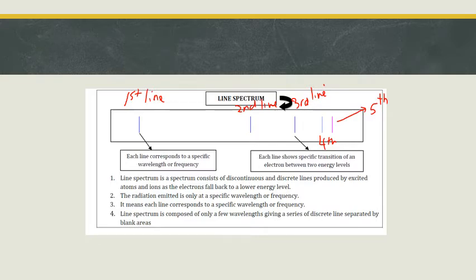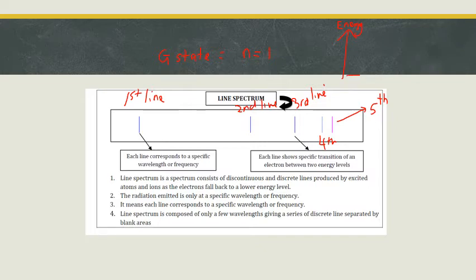Setiap line ini terbentuk apabila elektron undergo transition daripada higher energy level to lower energy level. Okay, so kita pilihlah sekarang ini, katakanlah I minta ground state-nya, N sama dengan 1. Jadi, kalaulah first line, I draw the energy level diagram.